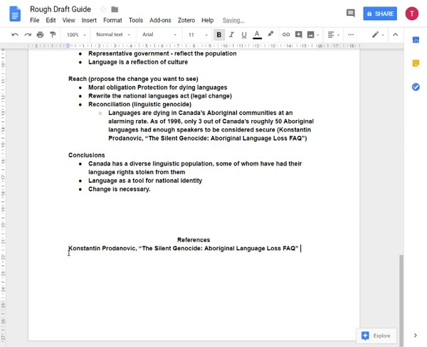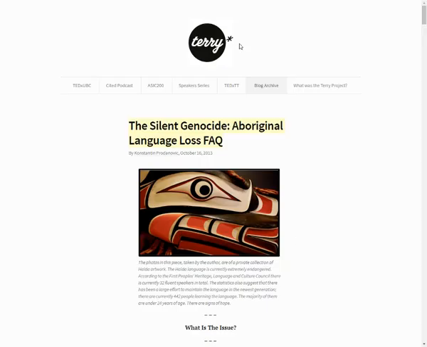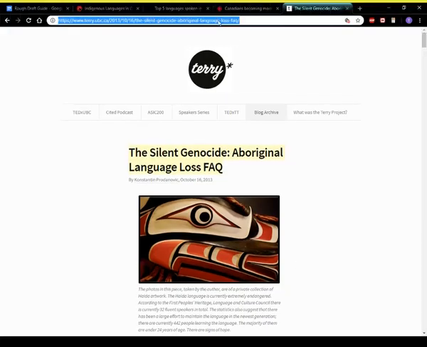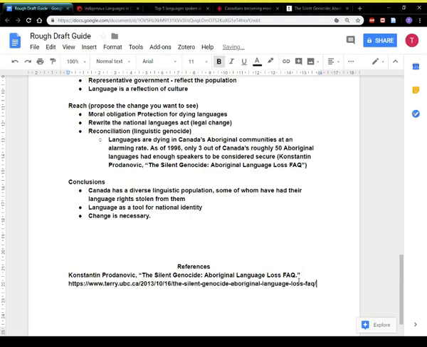Give me the name of the person, the name of the article that you're taking it from, let's put a little period there, and then the link to it. Copy, paste. And now I know that you aren't a thief. So when I look through this and say, hey, can they cite sources? Can they actually do this? Can you cite a source? Yeah, you can. And you've just shown me by creating a reference page.